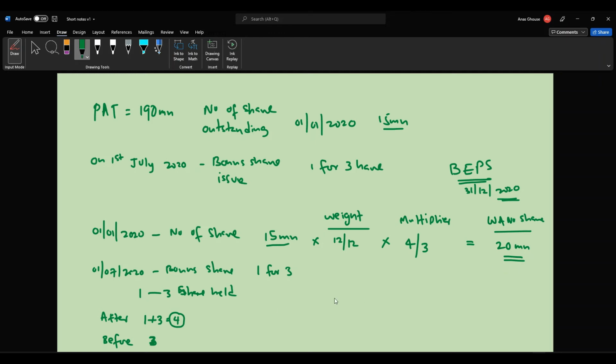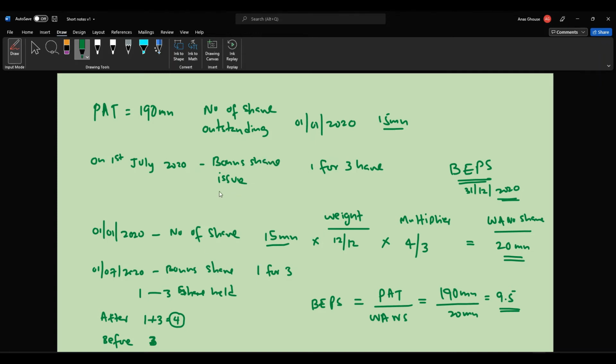How do you calculate the earnings per share? That is the profit after tax divided by the weighted average number of shares. So 190 million divided by 20 million will be 9.5 per share.